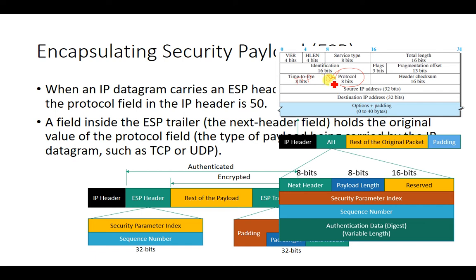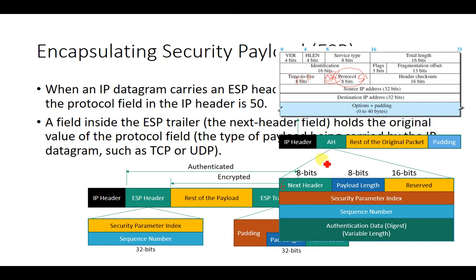But when the packet contains an AH authentication header, then automatically this protocol field will store 51 rather than 6. And where does the 6 go? The 6 goes to the next header of the AH protocol. So 6 comes over here, right? That part we have already discussed in the last class.